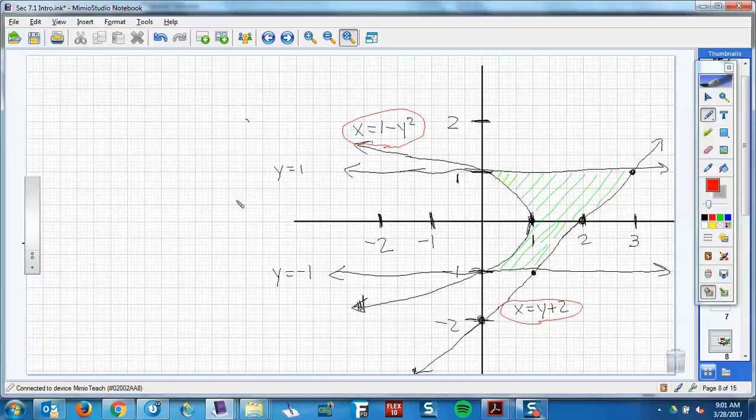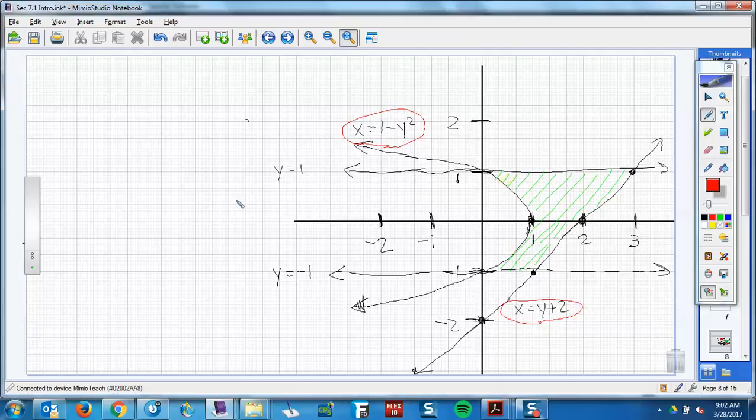Okay, here's how this would be worded. This would be worded by saying, find the area of the region bounded by x equals y plus 2, x equals 1 minus y squared, y equals 1, y equals negative 1. And they would give you those 4 curves.